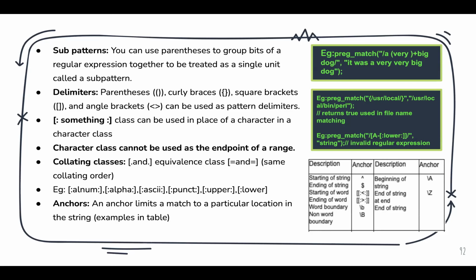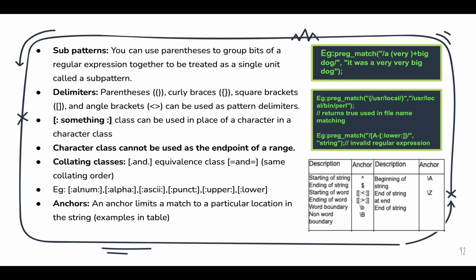Delimiters: in delimiters, we use parentheses, curly brackets, square brackets, and angle brackets in patterns so that it returns what is needed, making it more specific. For example, if you want to give the location of a user file, we use delimiters.